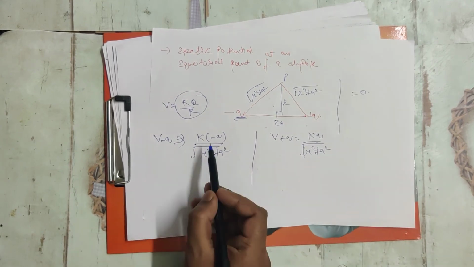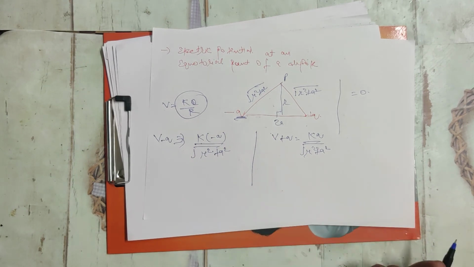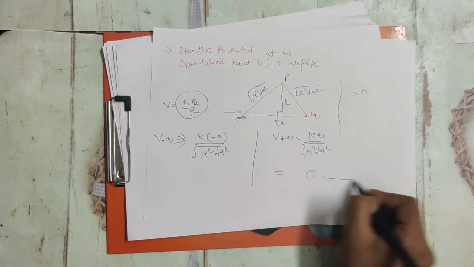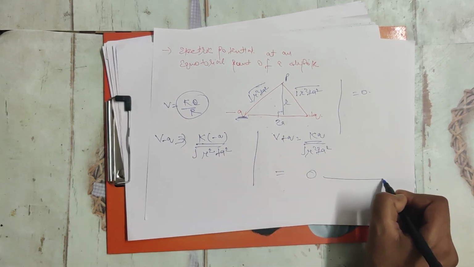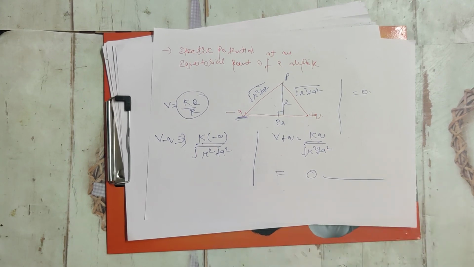When you add these, this is minus and this is plus, they will cancel out and the potential would be 0. That is, the electric potential at an equatorial point of a dipole is always 0.